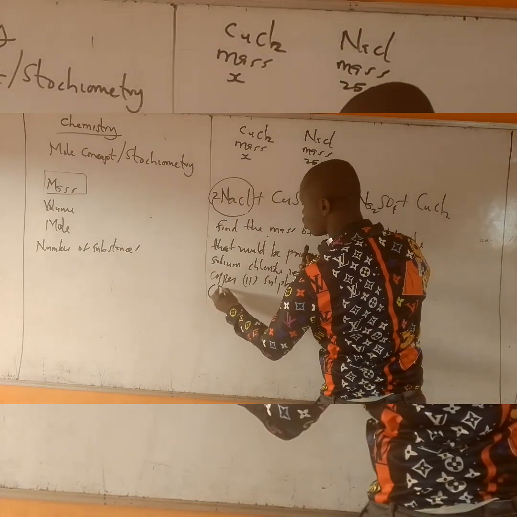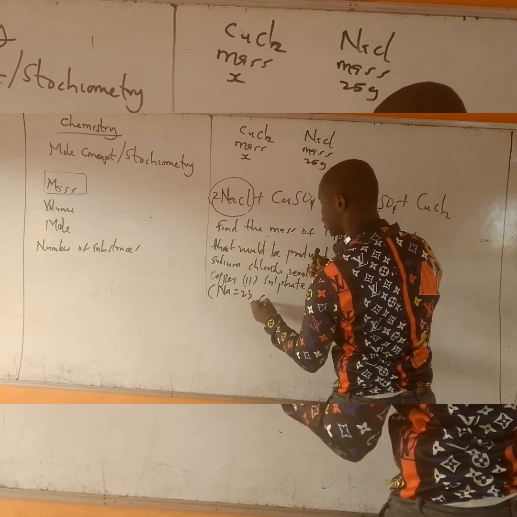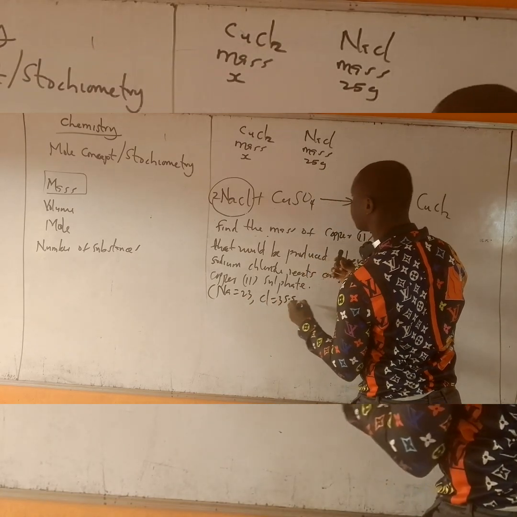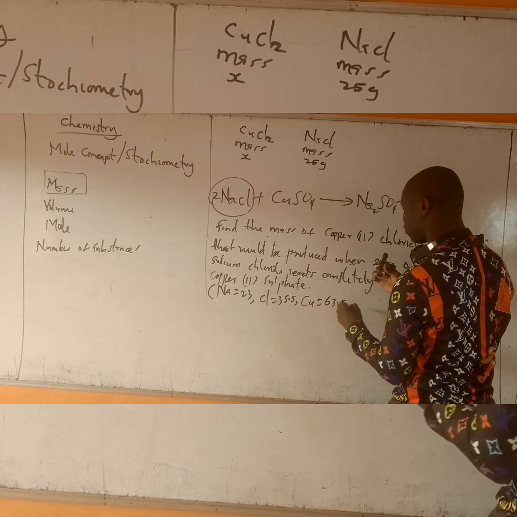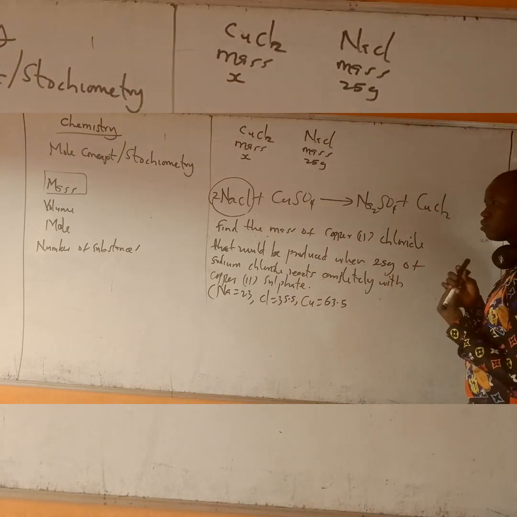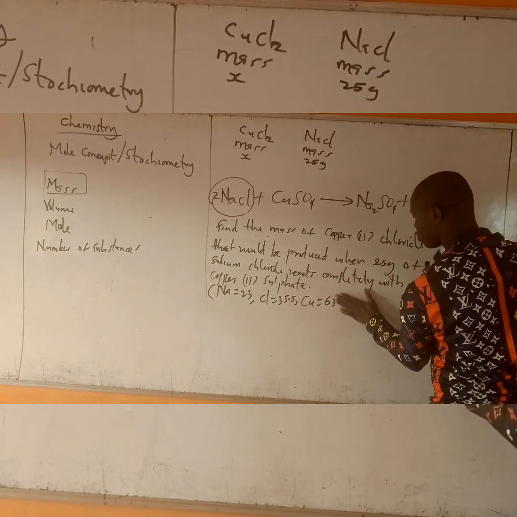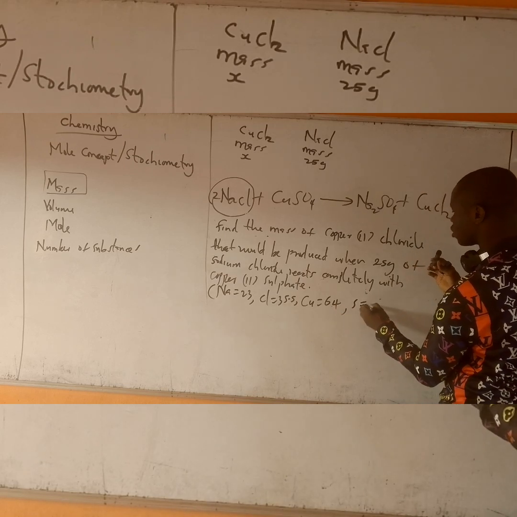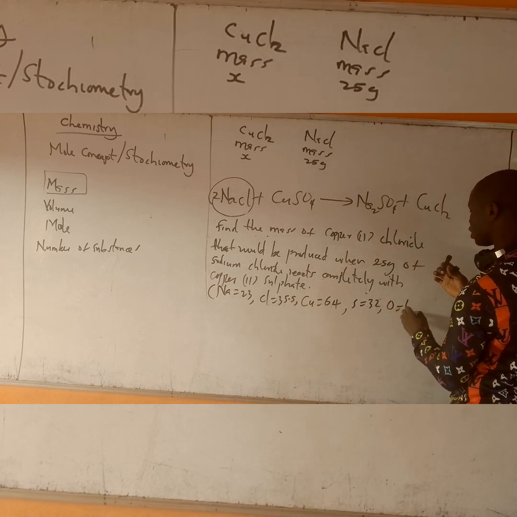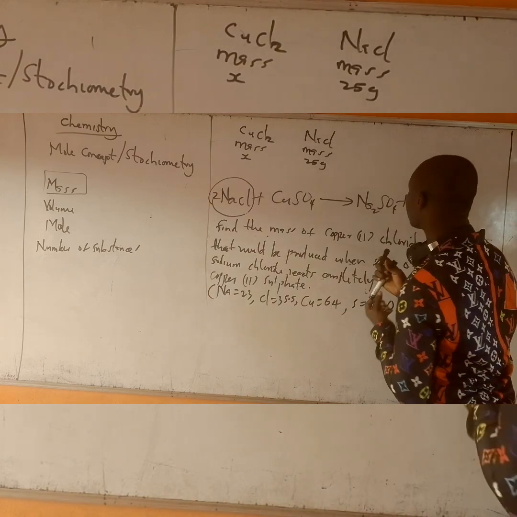They'll give you Na equal to 23, Cl equal to 35.5, Cu equal to 63.5 or 64. They normally put it as 63. Let me use 64. Then S is 32, O is 16. So that is what they'll give you.